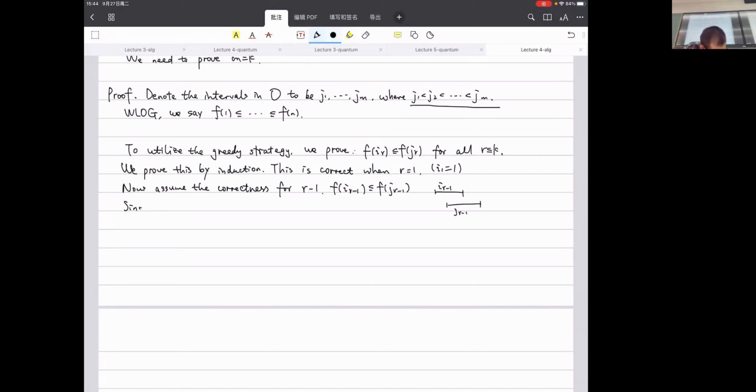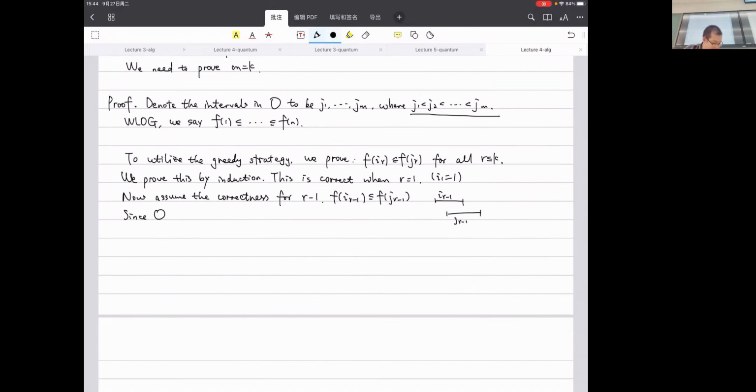Since the set O here is an optimal solution, by being a solution, it should definitely be compatible. So we know that f j r minus 1 is smaller than the starting time of jr.